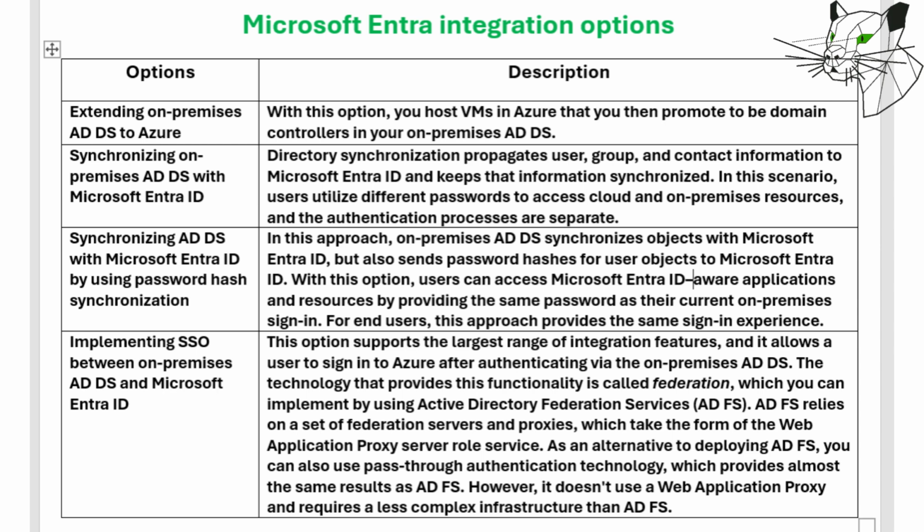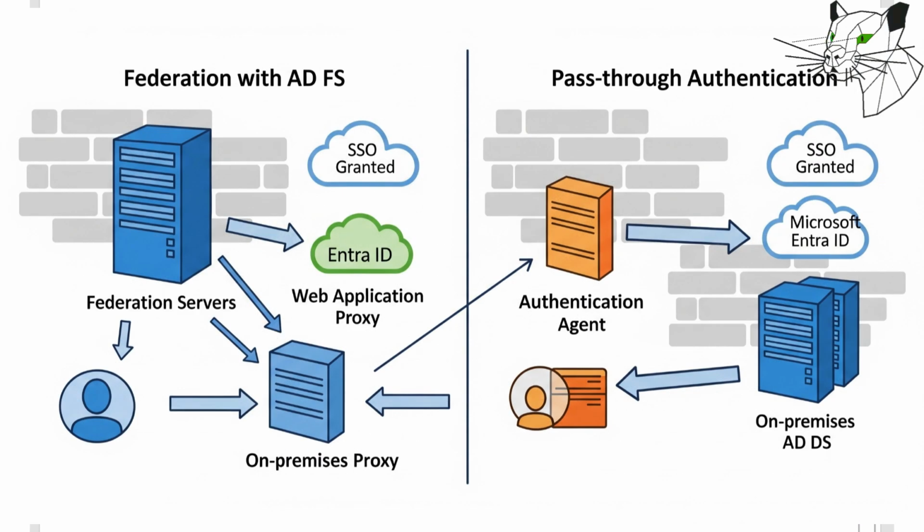Implementing SSO between on-premises ADDS and Microsoft Entra ID. This option supports the largest range of integration features, and it allows a user to sign in to Azure after authenticating via the on-premises ADDS. The technology that provides this functionality is called Federation, which you can implement by using Active Directory Federation Services, ADFS.